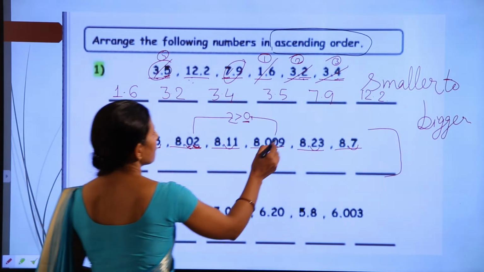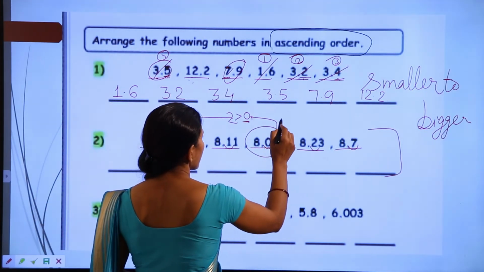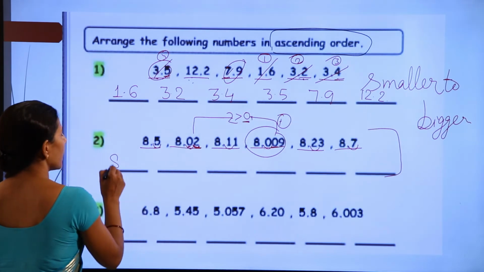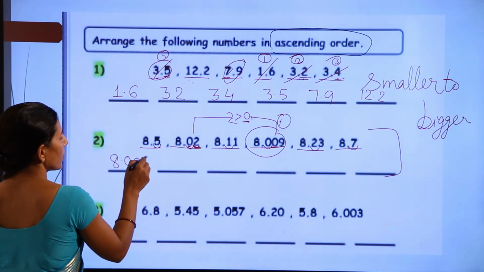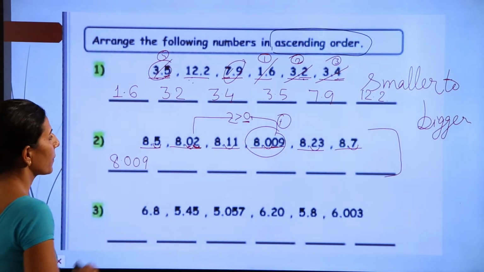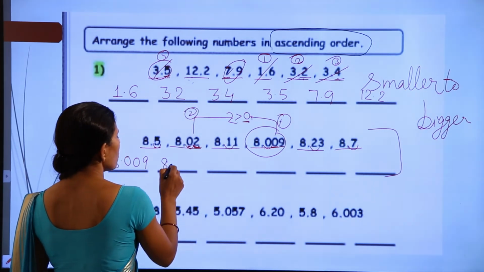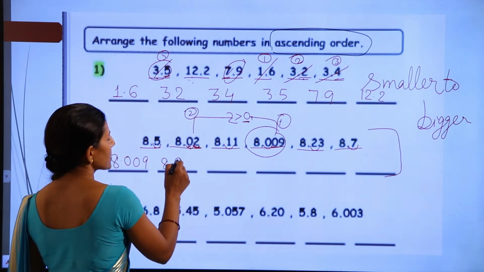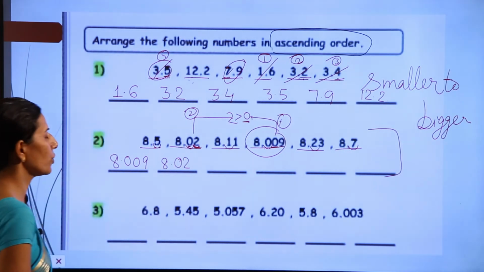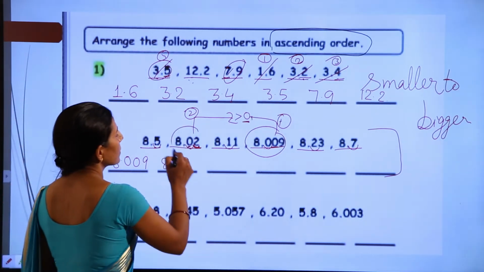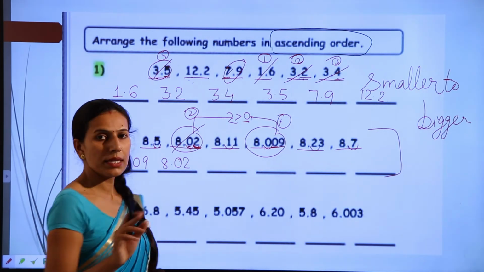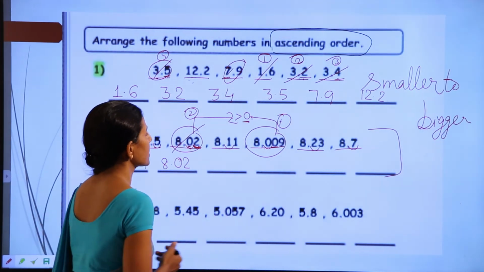So on the first number we will write 8.009. Okay, then on the second we will write 8.02. Okay. Now we will not compare these numbers again. We will check the next number.